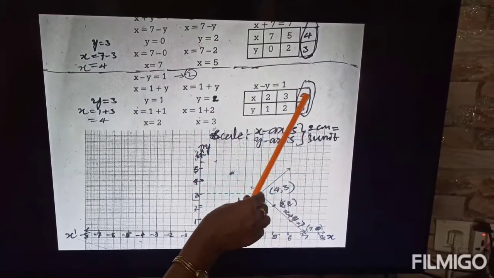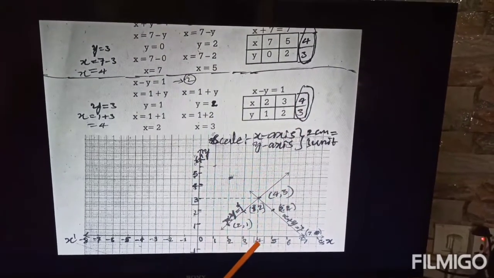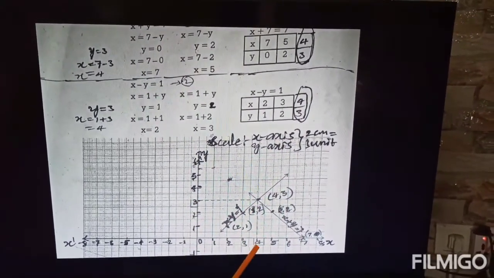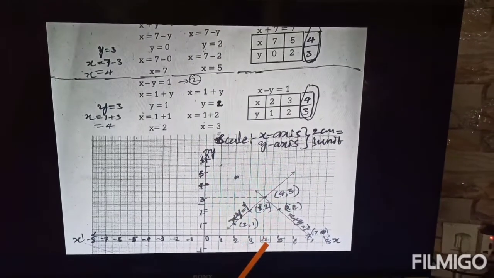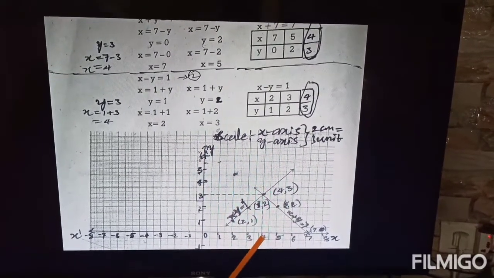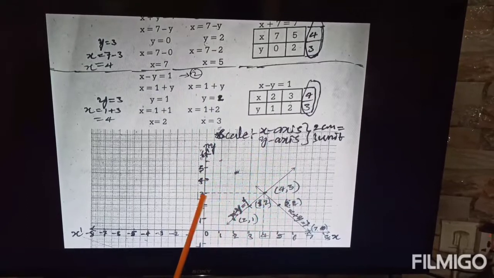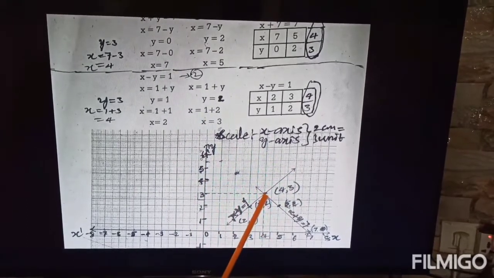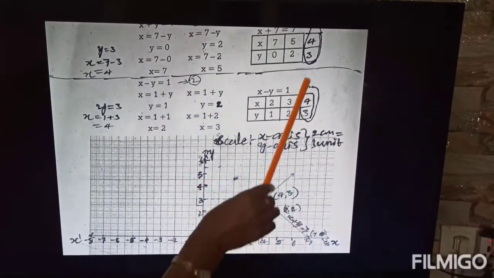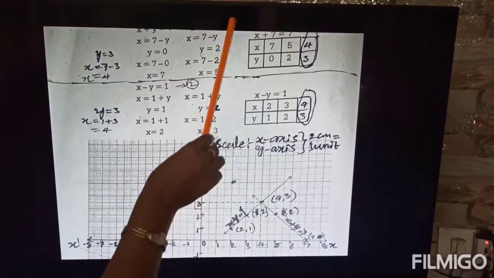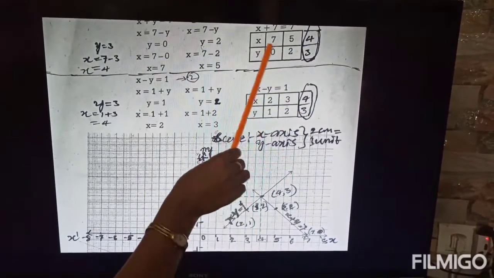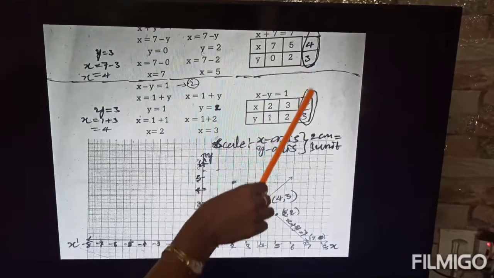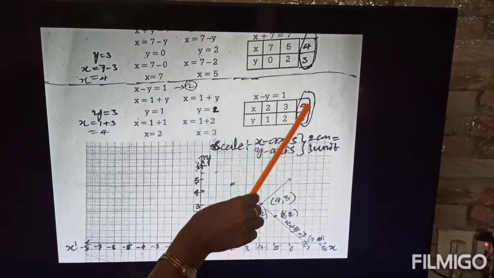Next, third point is 4 comma 3. On the x-axis 4 is this one, on the y-axis 3 is this one. Both are intersecting on this point. See, in both the equations, what we got the coordinates. See, this is the common point.